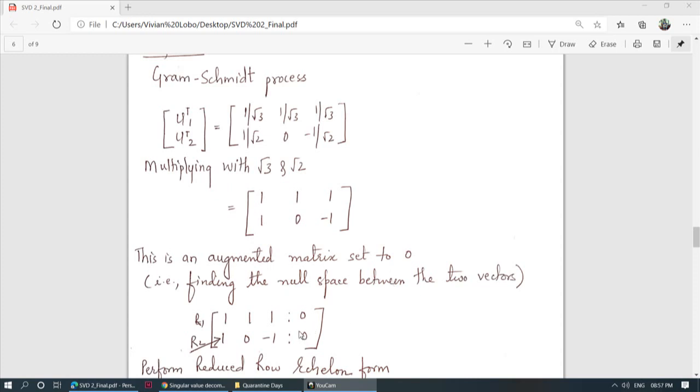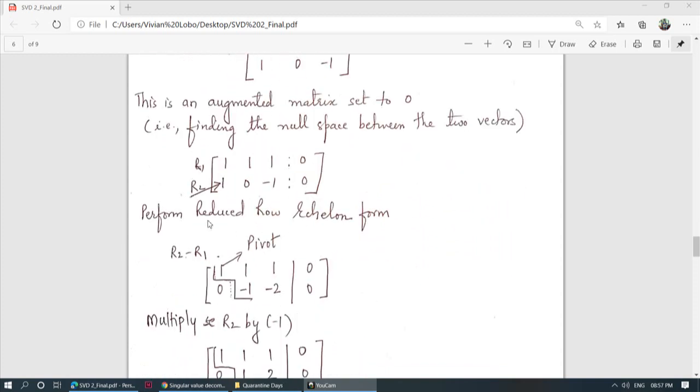Alright, now we are going to perform the reduced row echelon form. This is already done in matrices in your lower standards, but still I'll emphasize this part. So we will perform reduced row echelon form.